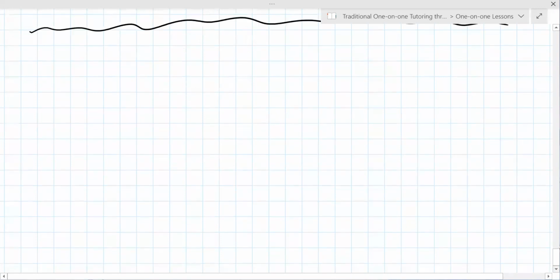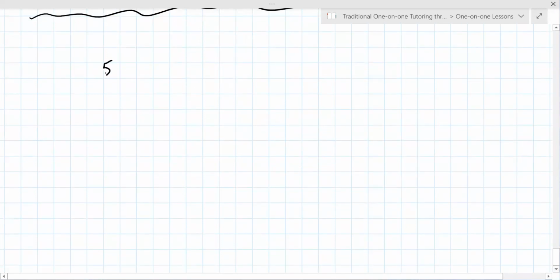All right, let's do at least another one here. Let's go 5 minus x equals 6. You try solving that one on your own, please.